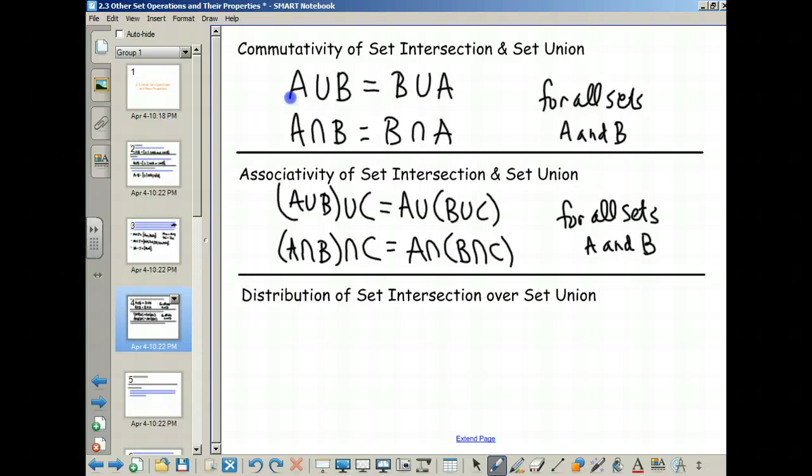Do you remember distribution? What did you distribute? Signs. You distribute signs sometimes. What else do you distribute? Numbers. Okay, what operations are we talking about here? Multiplication over what?